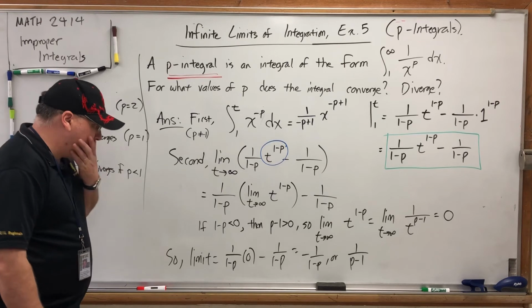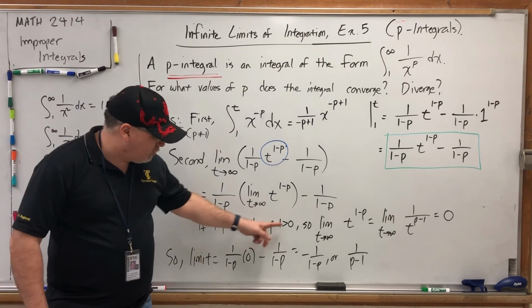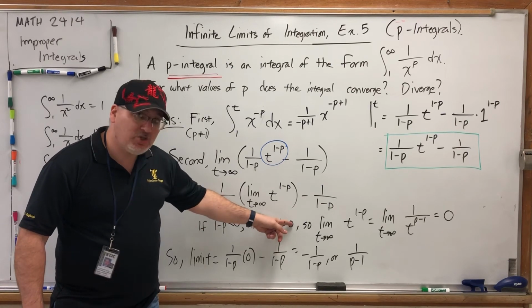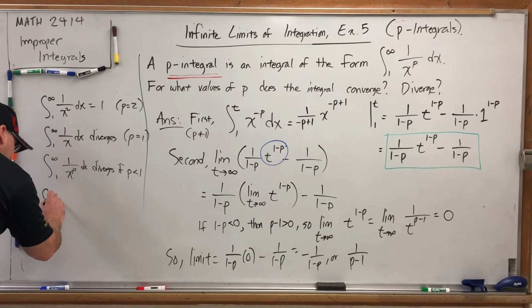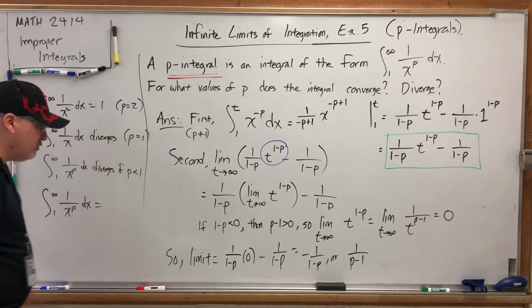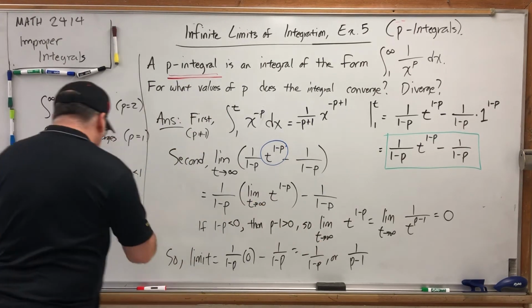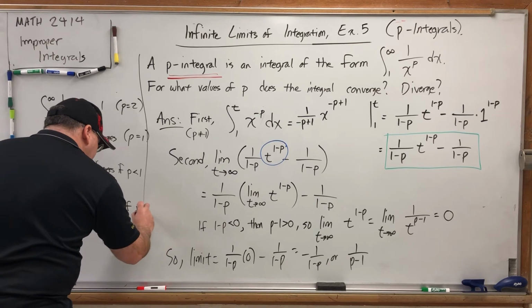Oh wait, but for what values of p does this happen? Well, if we add 1 to both sides, that means p is greater than 1. So, the integral from 1 to infinity of 1 over x to the p dx is equal to that limit, 1 over p minus 1, if p is greater than 1.